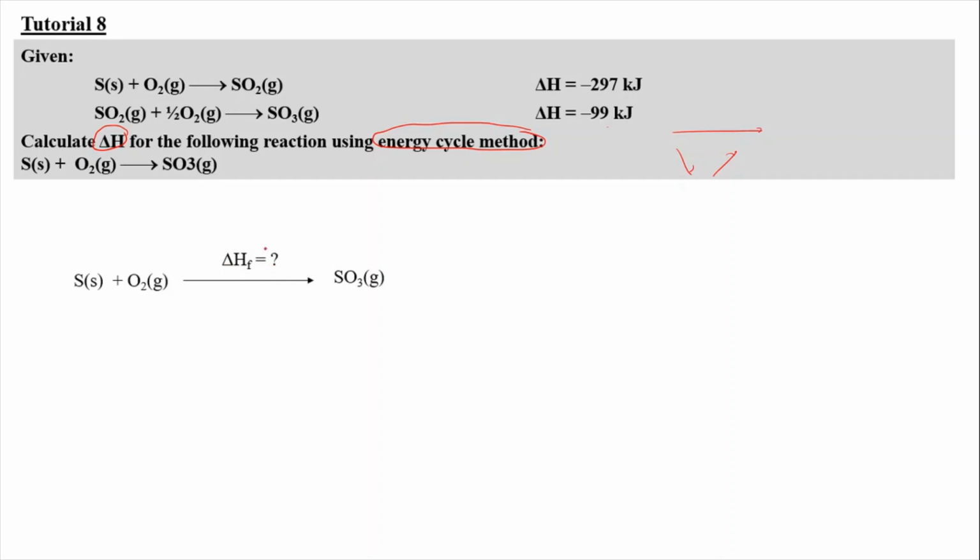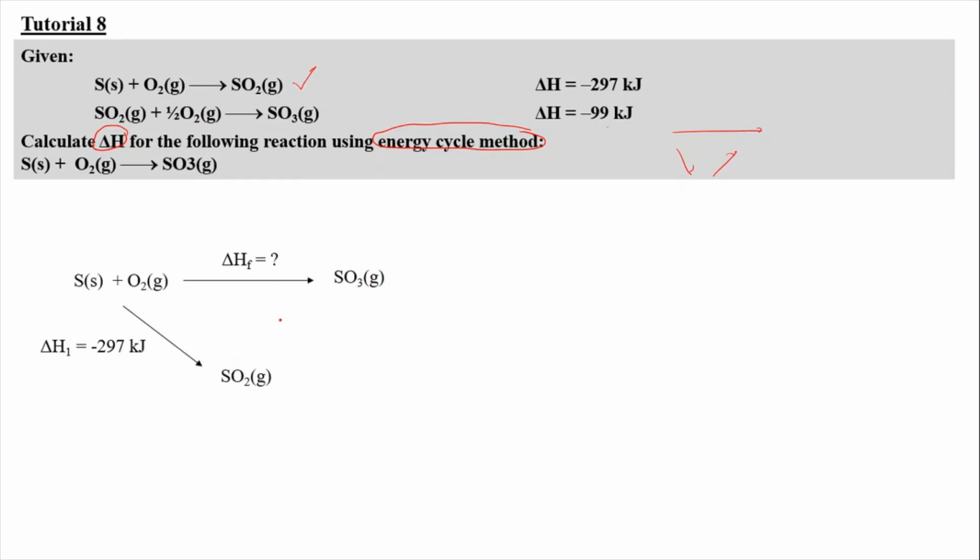Now we have the info of S solid plus oxygen gas produces SO2, which is negative 297. So we can make another arrow here in order to produce SO2, and the enthalpy for the reaction is negative 297 kilojoule. Okay, so we're done with this equation. Now you look at this equation here.